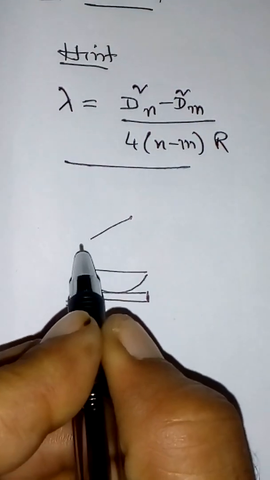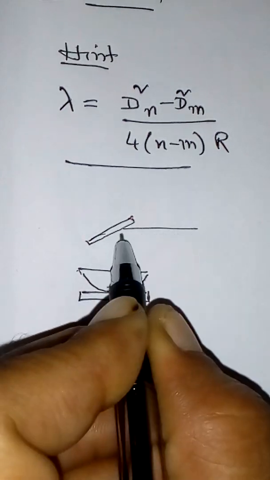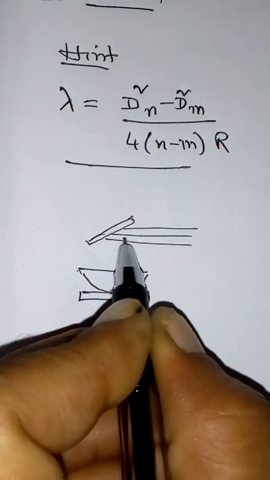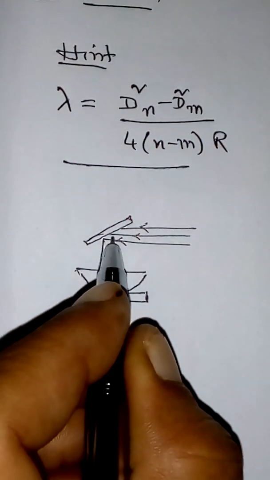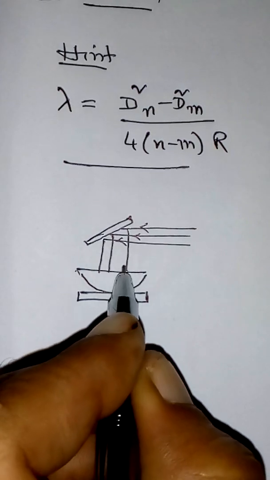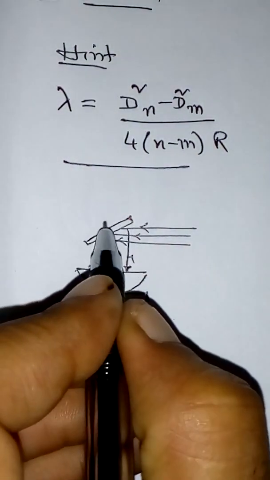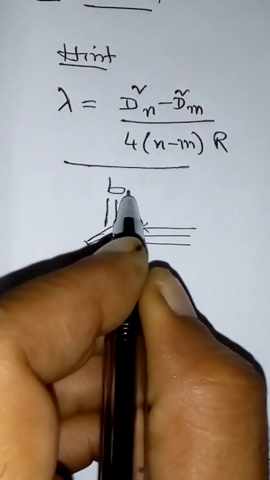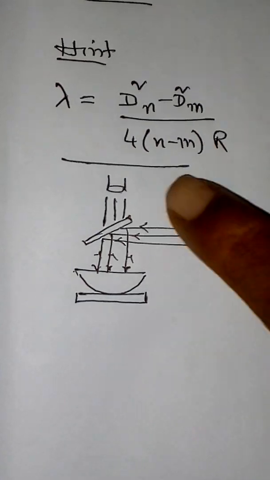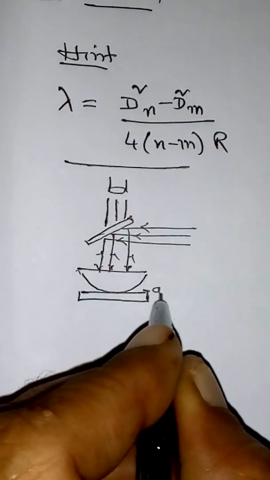We made the light incident at 45 degrees to the normal, and these light rays get reflected and their pattern is observed from the microscope. This is what we have seen. Here we have kept an air film.